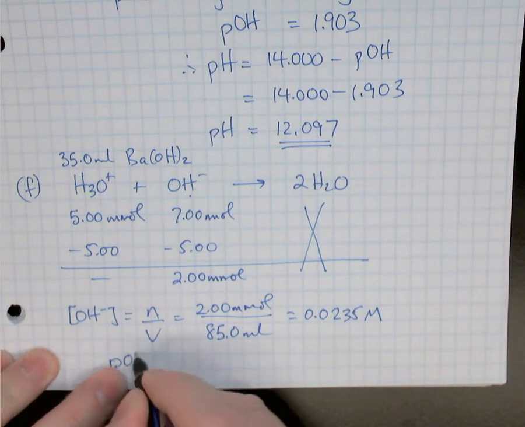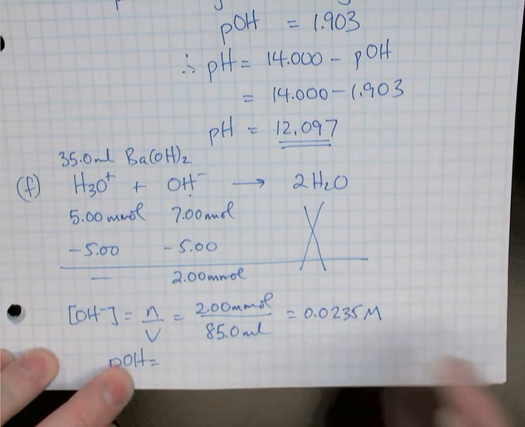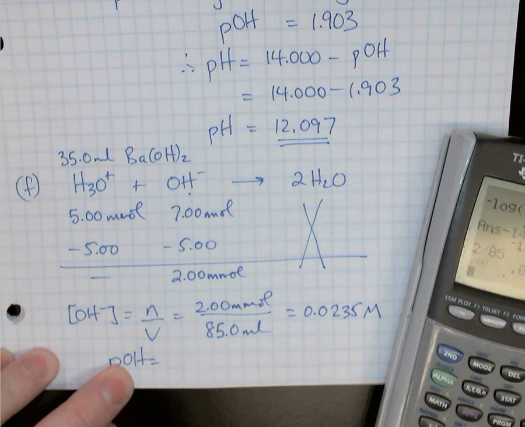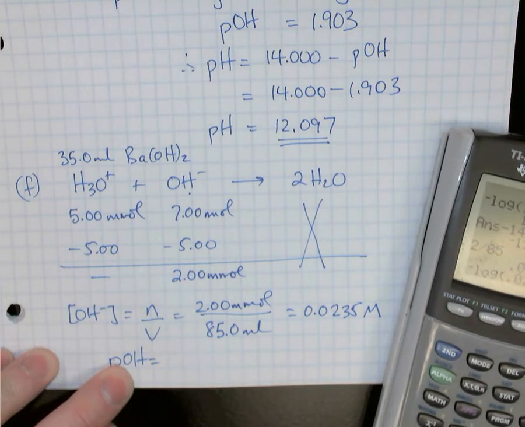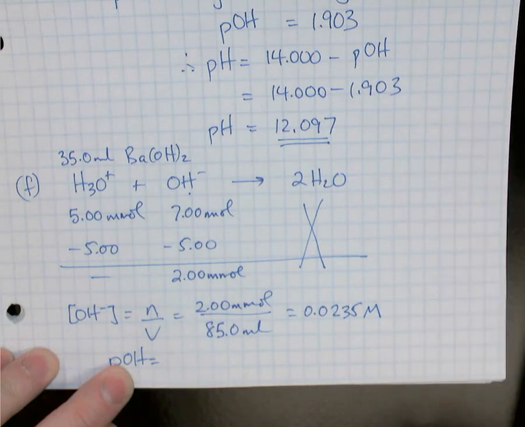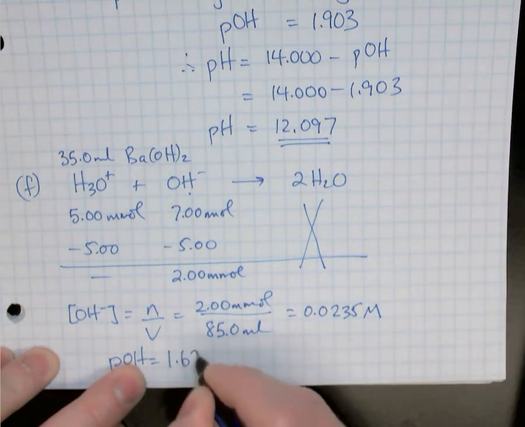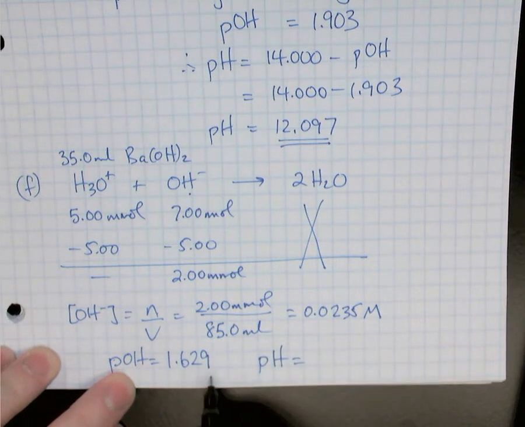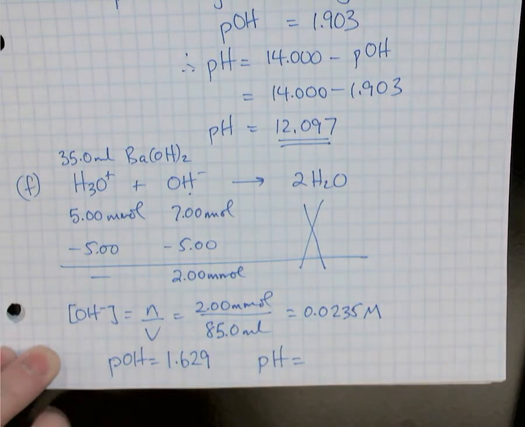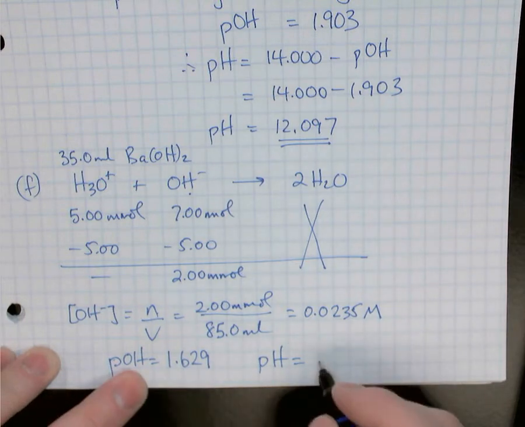So the pOH is the negative log of this number. I'm running out of room here, so I'm just going to be a little bit lazy. Negative log 0.0235, 1.629. And my pH will be 14 minus the pOH, 12.371.